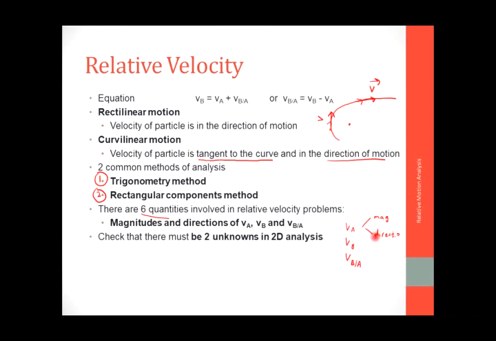So 2 times 3, there are 6 quantities that we need to know to solve the relative velocity, and check that there must be two unknowns in the analysis. This is the characteristic of relative velocity.